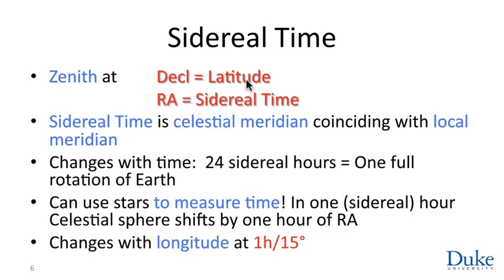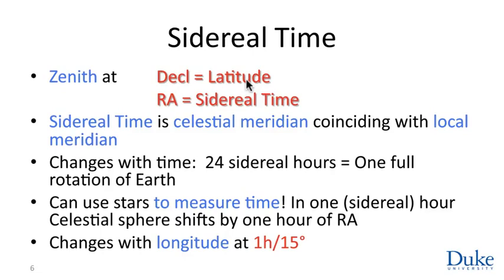And so what we're going to do is, at any given instant, look at which celestial meridian contains our zenith. And we can look at the right ascension of that celestial meridian and call that our local sidereal time. This will, of course, change with time as the celestial sphere rotates to the west, or the Earth rotates to the east.